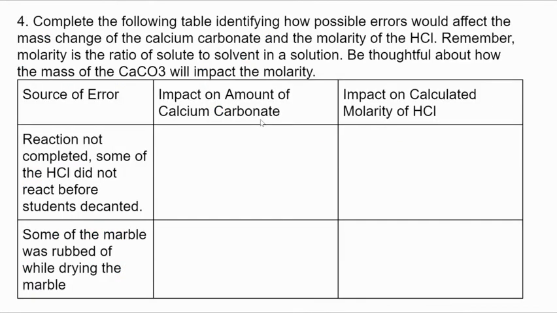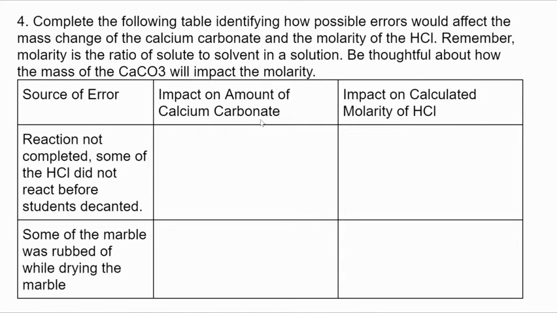All right, the last post-lab question asks you to complete the table identifying possible errors that would affect the mass change of the calcium carbonate and thus the molarity of the hydrochloric acid. Remember, molarity is the ratio of solute to solvent in a solution. Be thoughtful about how the mass of calcium carbonate will impact your molarity calculation.